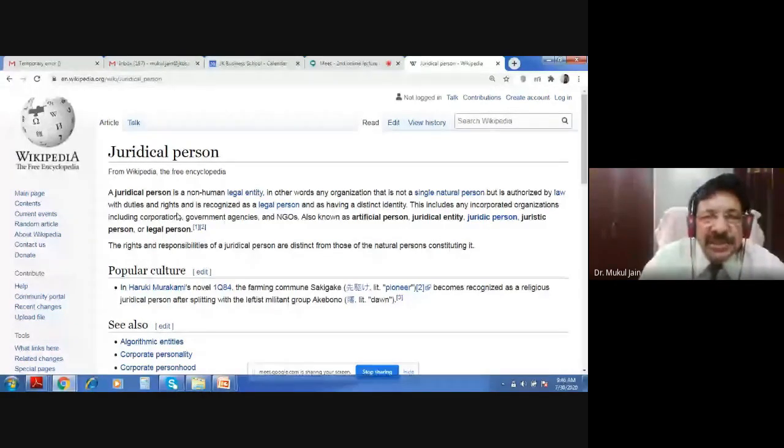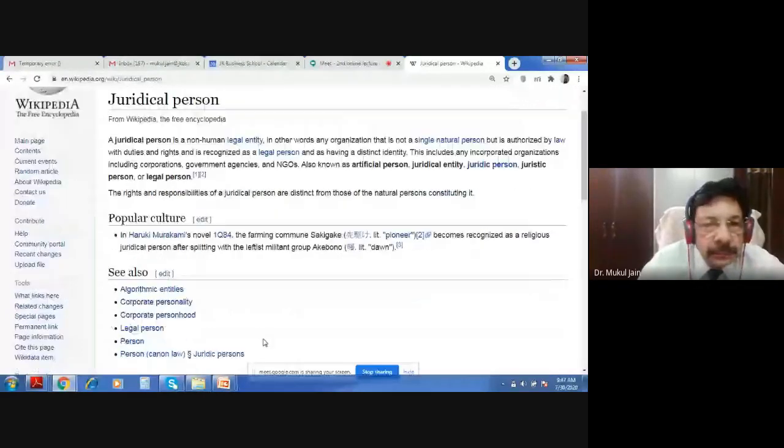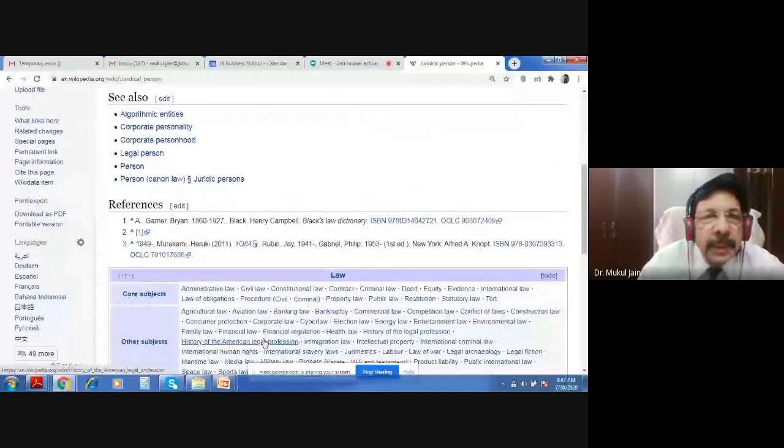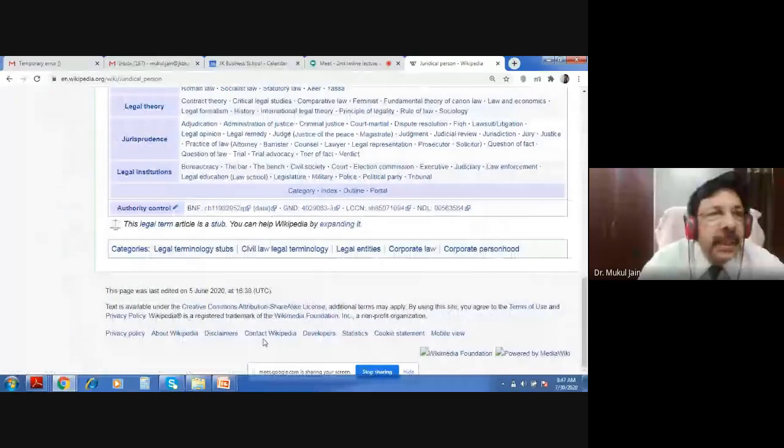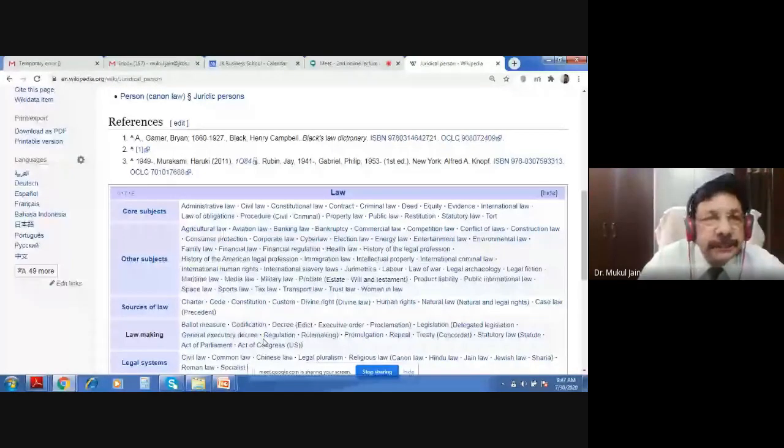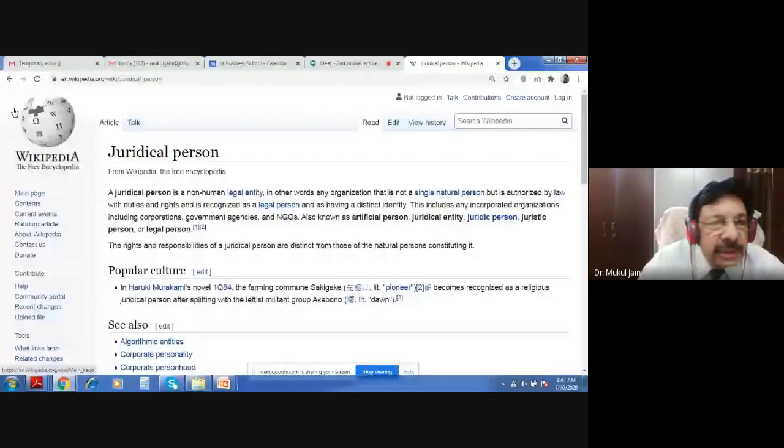So it may be government agencies, NGOs, and it may be any temple also. You can set up a temple or any kind of trust, also known as artificial person, juridical entity, etc. They have given this in short.